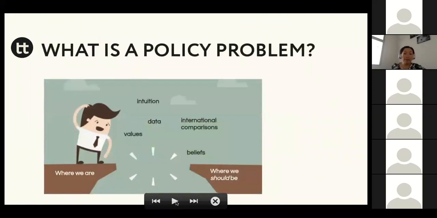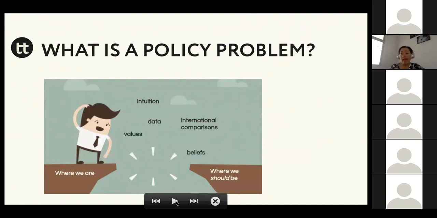So let's start. What is a policy problem? One easy way to think about it is as a gap. We know that we are in a certain position in a policy issue, and we can have a sense that we should be somewhere else. To understand that gap, of course, we can use data, we can use our intuition.